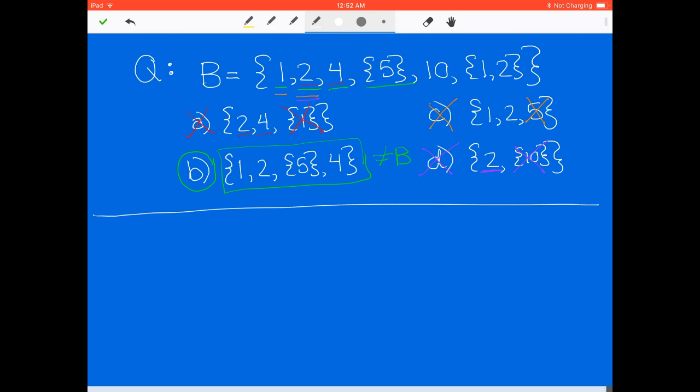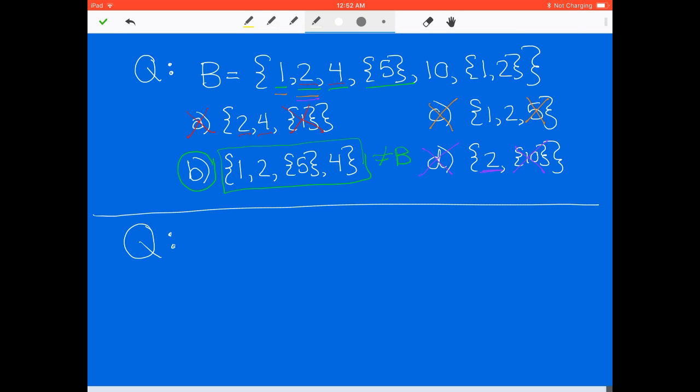Next question. I'm going to give you a sentence, and I want you to write it in set notation. Set B that consists of all elements y such that y is a positive integer. I'll say that one more time.